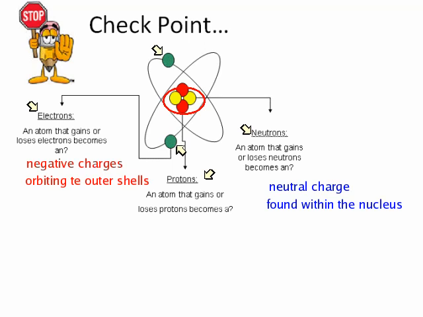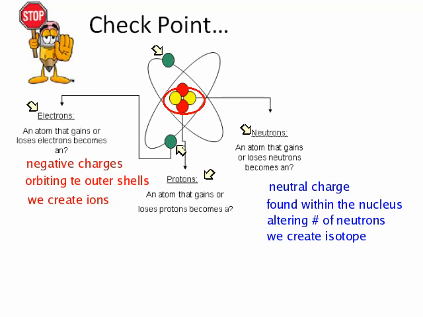And if we alter the number of neutrons within that nucleus, we simply change that number, and we create what we refer to as an isotope. And of course, if we change the number of electrons, we create ions by changing the number of electrons.